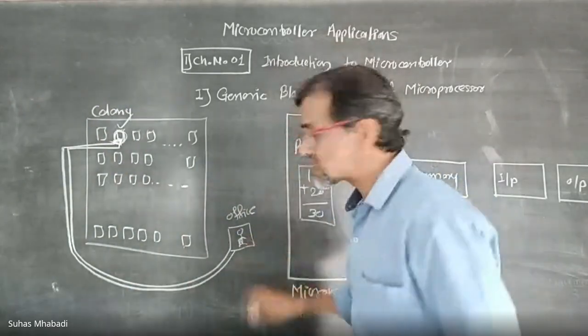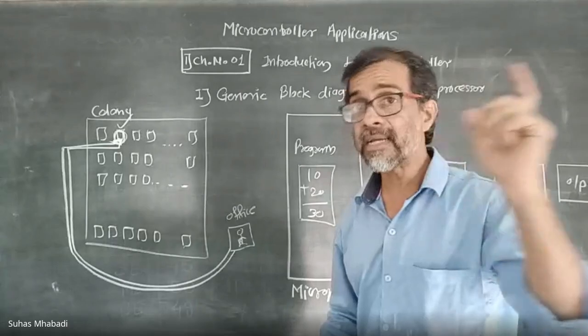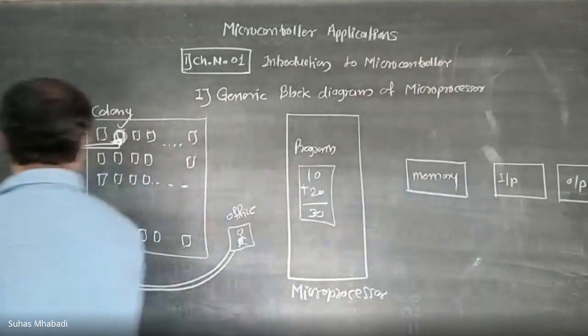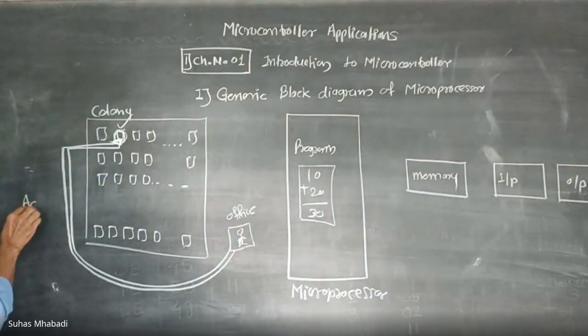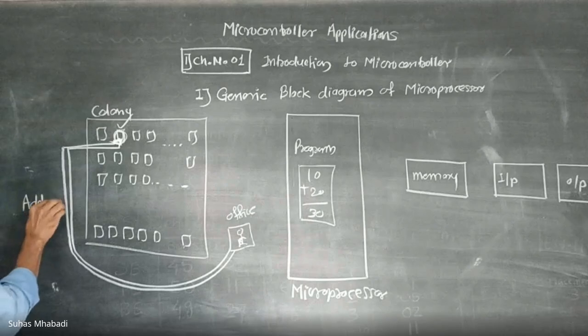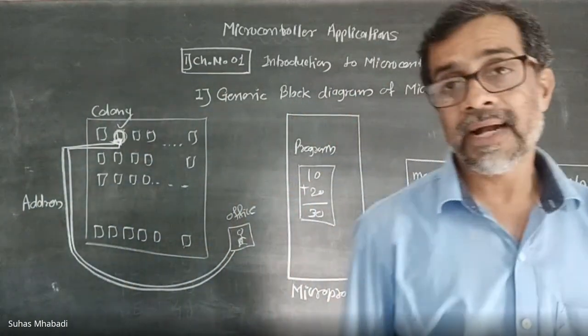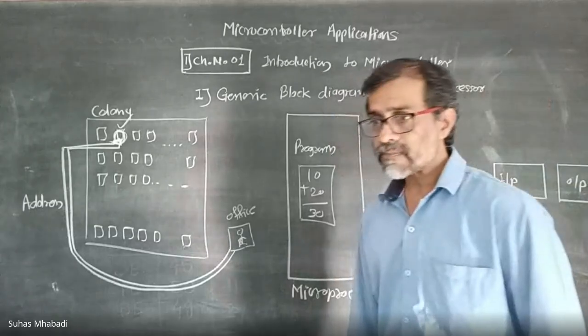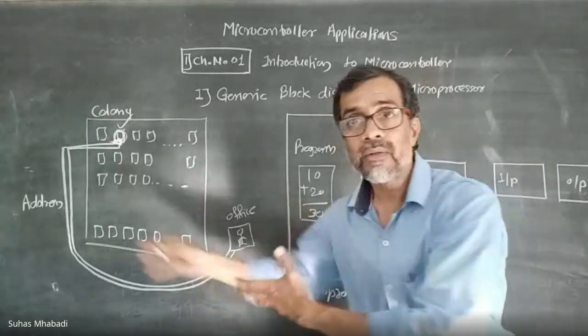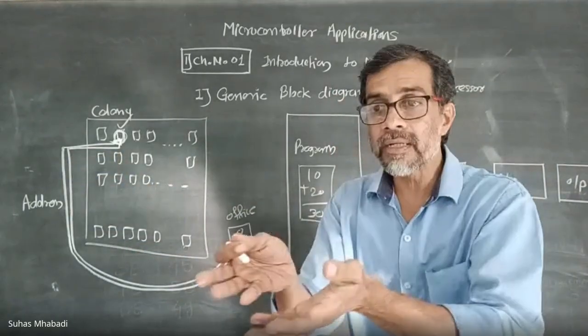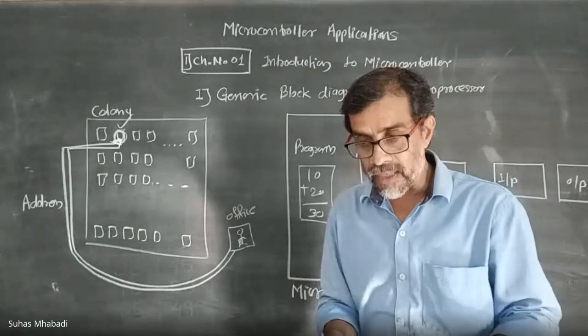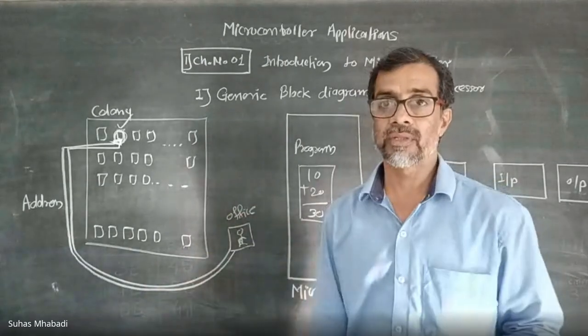So the first thing this fellow must have is the address of that house. Secondly, he will go to that address, but then what will he deliver? Of course, he has to deliver a package to that house.